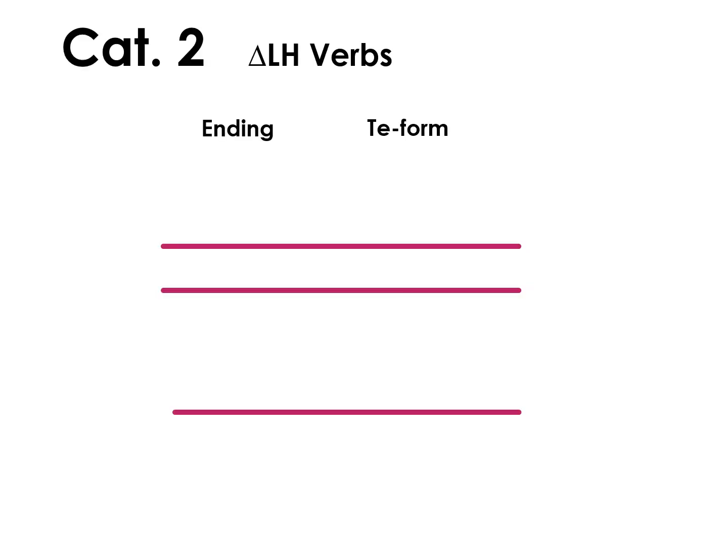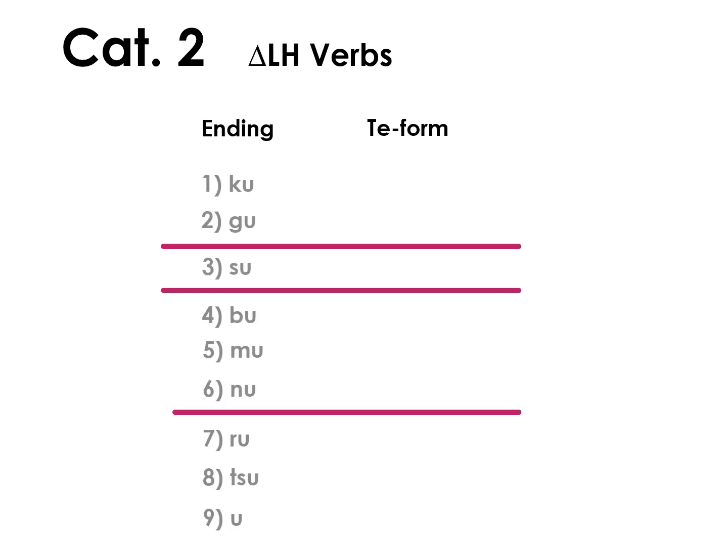For last hiragana changing verbs, the last hiragana of the dictionary form is not dropped, but changes to something else. These are the 9 kinds of endings: ku, gu, su, bu, mu, nu, ru, tsu, u. To make the te form, ku becomes ite, gu becomes ide, su becomes shite, bu, mu, nu all turn to nde, and ru, tsu, u all become utte.